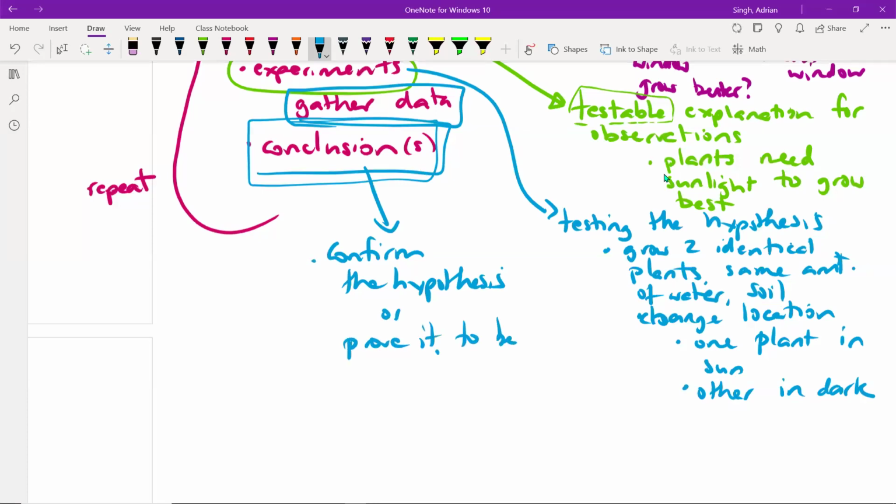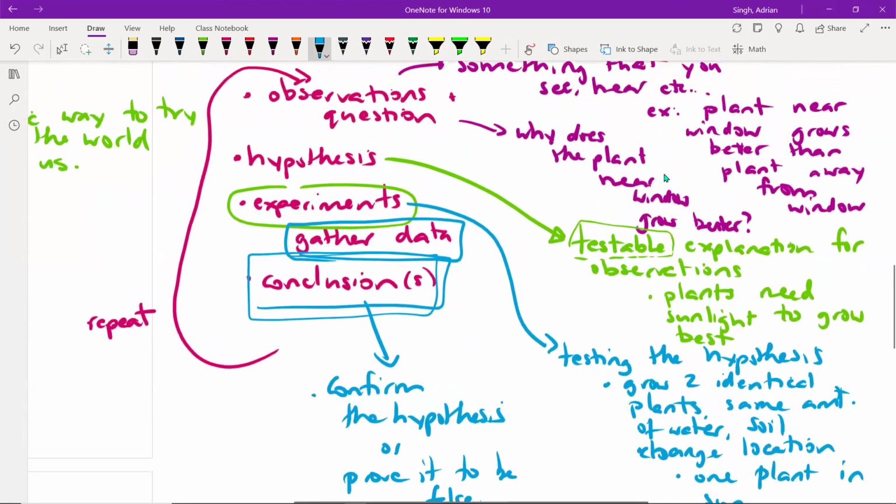And if it's proven to be false, well, then we can repeat this process over and over again, and we can come up with a new hypothesis and go through this cycle until we gather a bunch more data, until we actually come up with a whole host of explanations and data points to explain or to try to explain this particular observation.